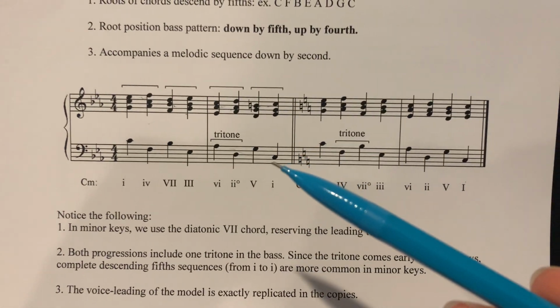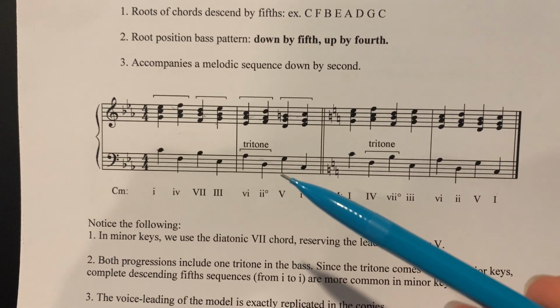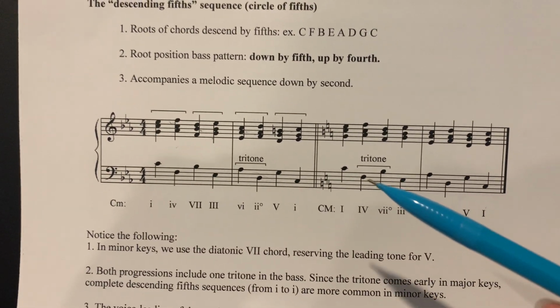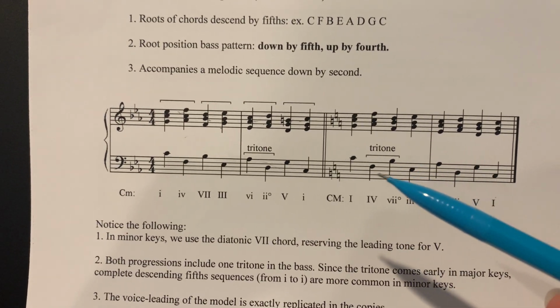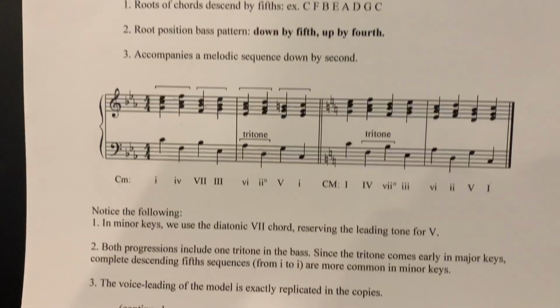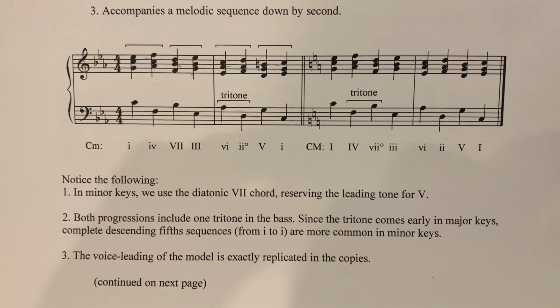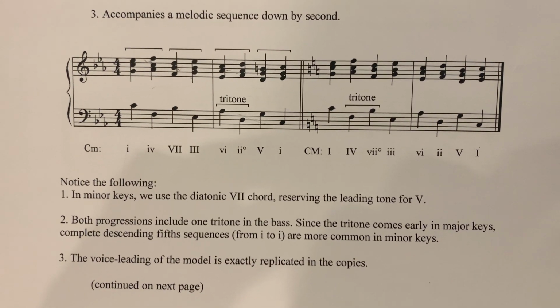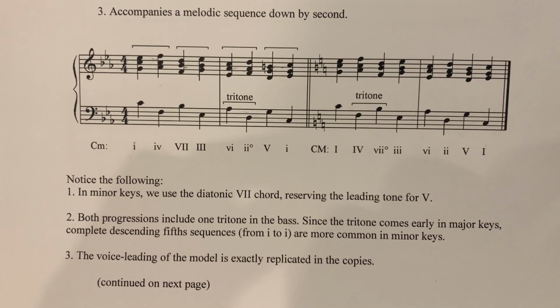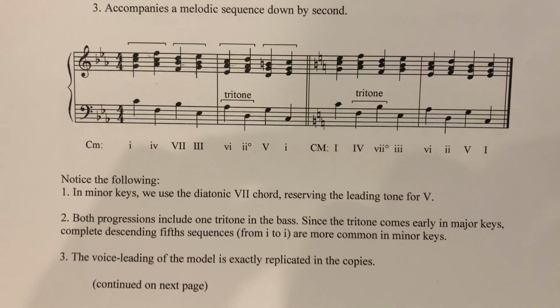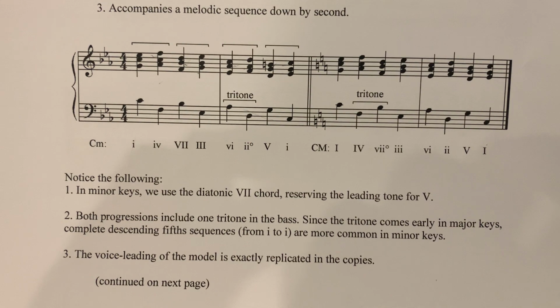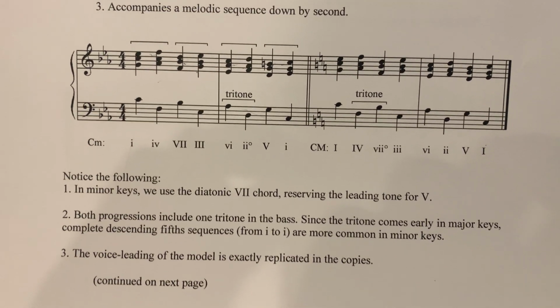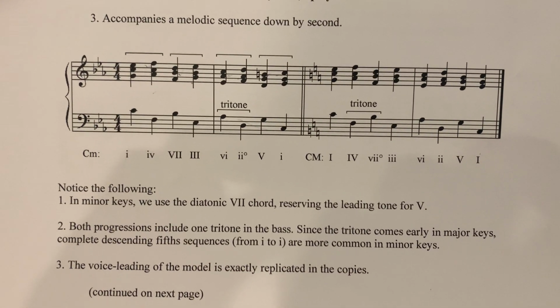In the minor one, you get it right here, between the 6 and the 2 diminished. In the major key, you get it really soon, almost immediately between the 4 and the 7. For that reason, you find fewer examples of the full major key descending fifths sequence. A lot of times, composers will start it a little bit later to avoid that tritone happening so early.